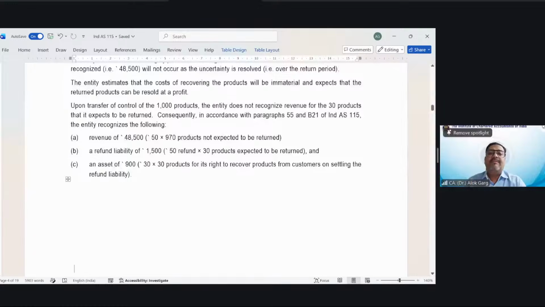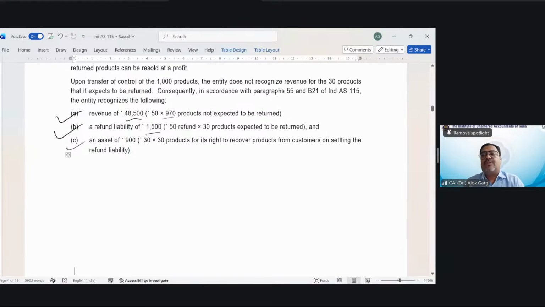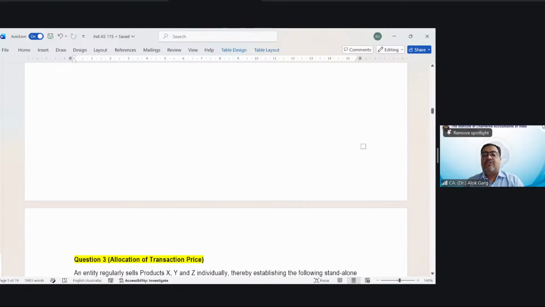For example, they write a revenue of 48,500 for 970 products not expected to be returned, a refund liability of 1500, an asset of 900. Instead of writing this, you can also put journal entries.